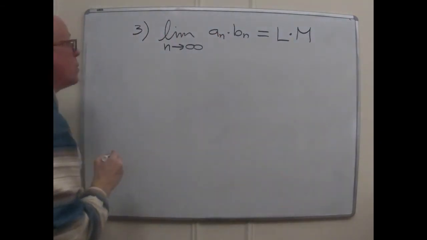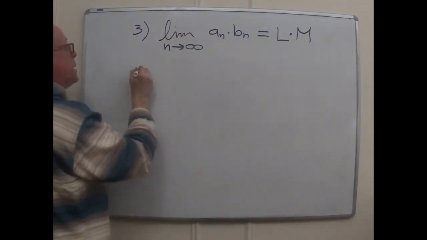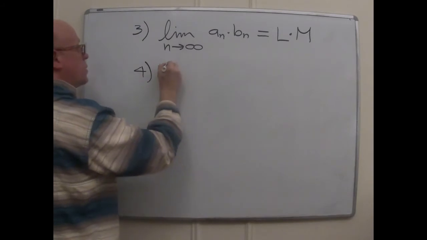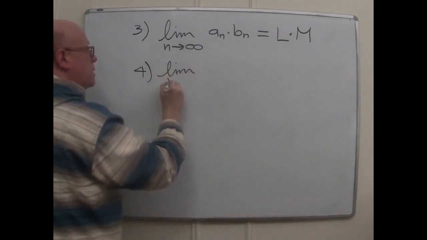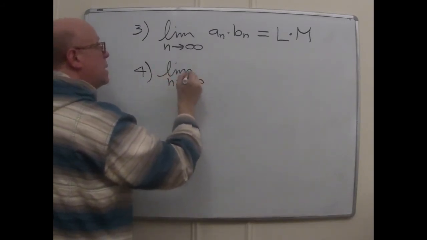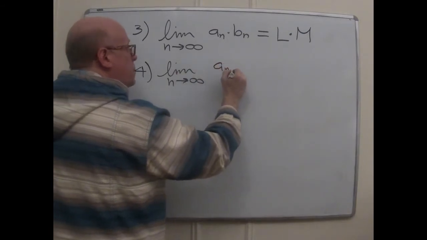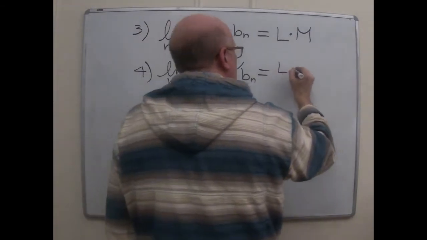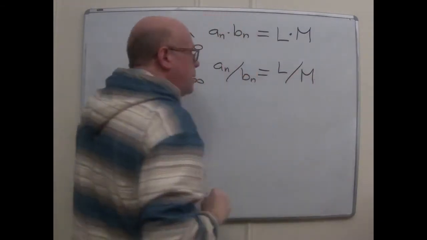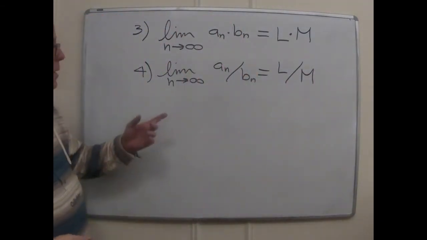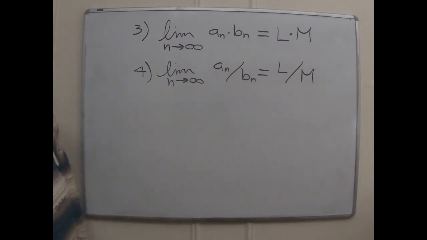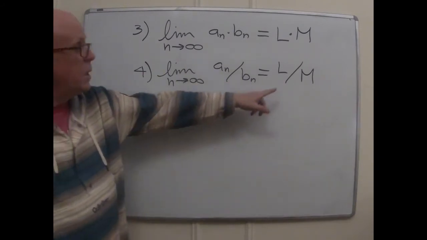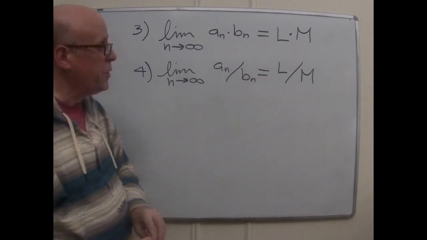And very similar, but with one slight tweak, is the rule for quotients. If you're taking the limit as n goes to infinity of a sub n over b sub n, you do get L over M, but you have to add a proviso, and I think you can guess what it is. We're dividing by that lower sequence b sub n, so you need to know that M there isn't equal to 0.